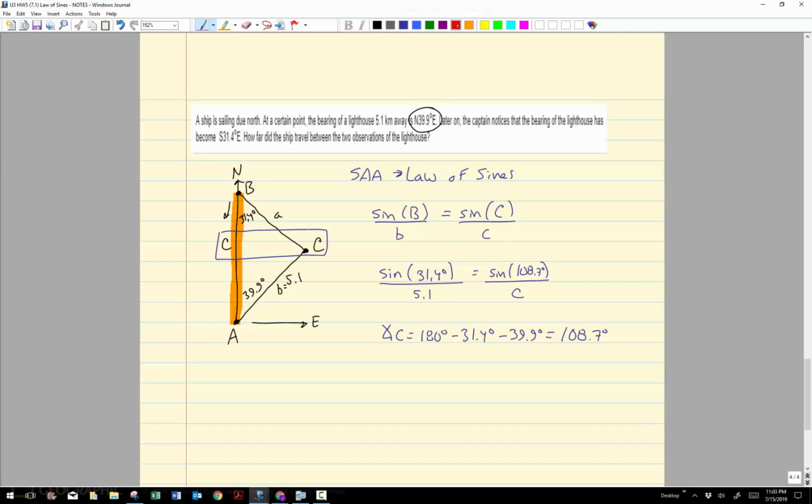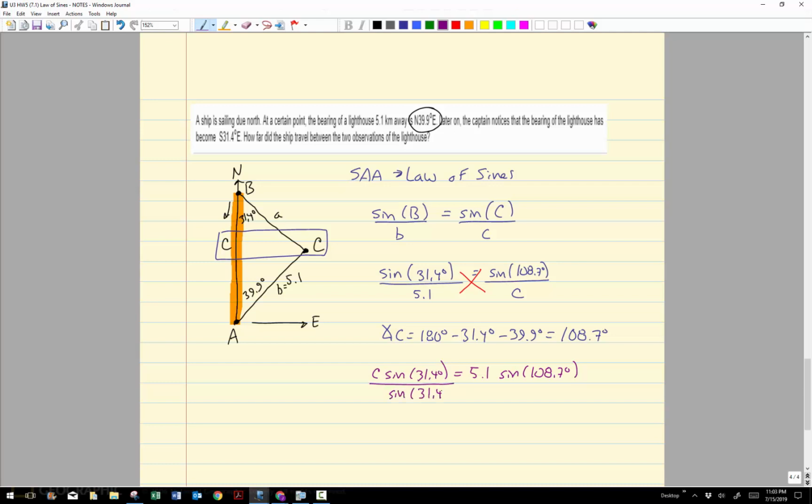Now if you notice, I had 4 spots here. 3 of them I know now. I just have to solve, cross multiply, and divide to find that 4th spot. So C sine 31.4 degrees is equal to 5.1 sine 108.7 degrees. So there's the cross multiply part. Now here's the divide part.